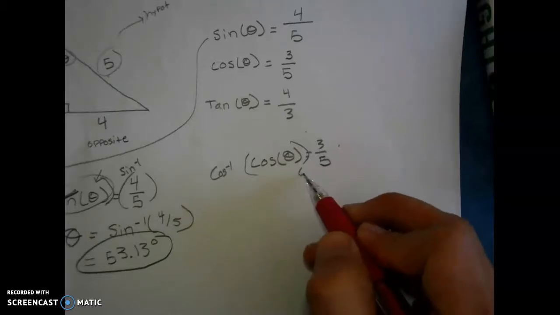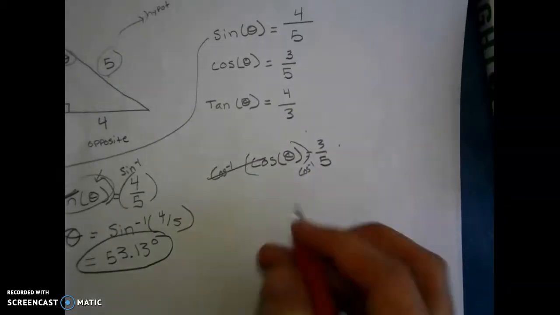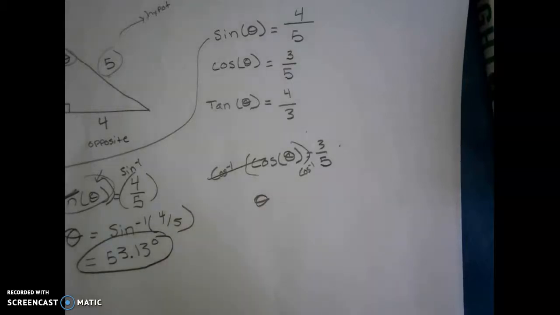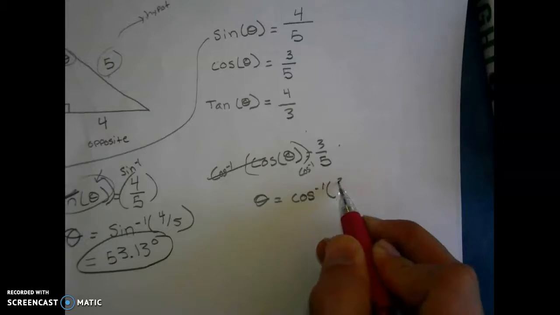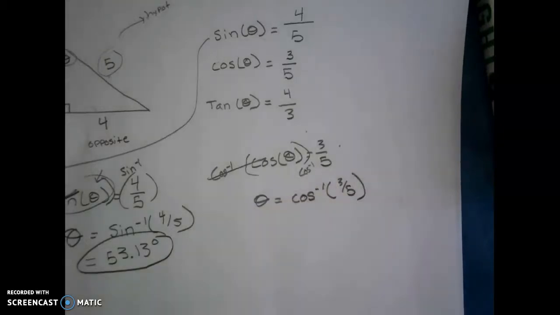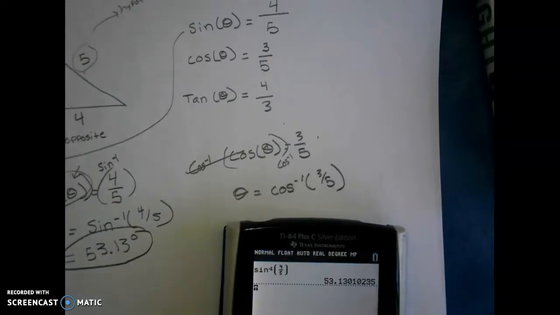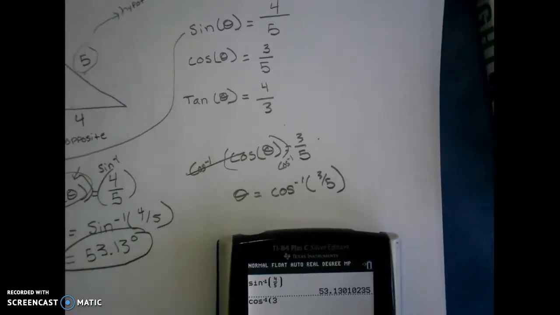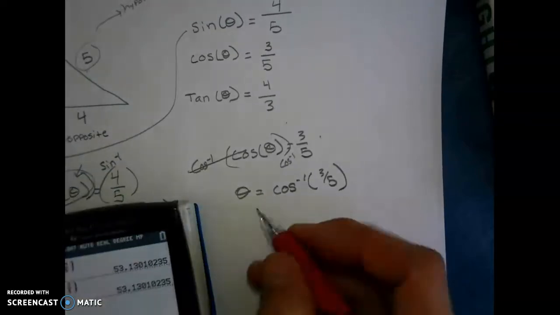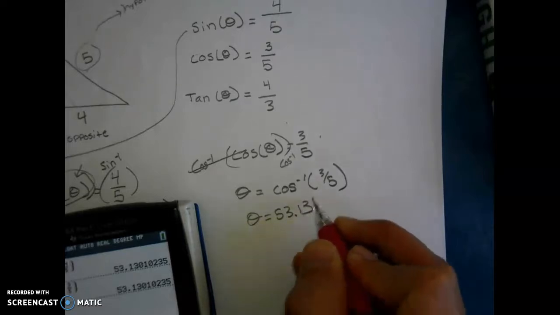This gets rid of my operator, and I'm left with theta is equal to the inverse cosine of 3 over 5. Now I go to my calculator, find my inverse cosine button, 3 over 5, and I get theta is equal to 53.13.